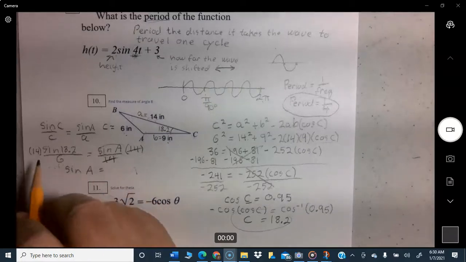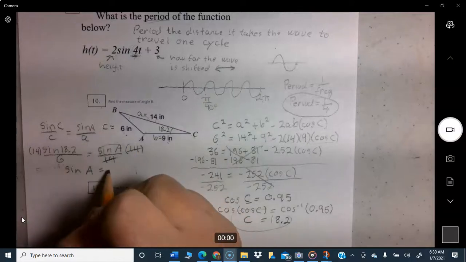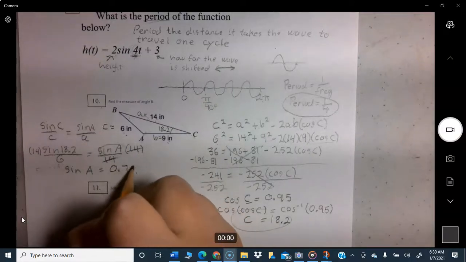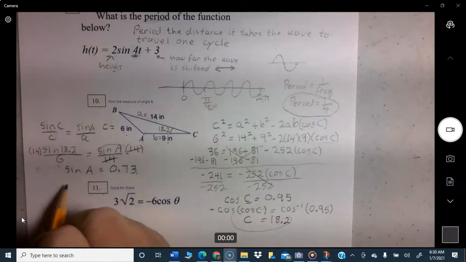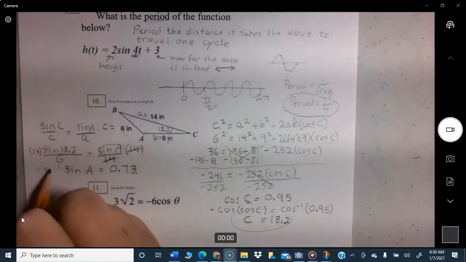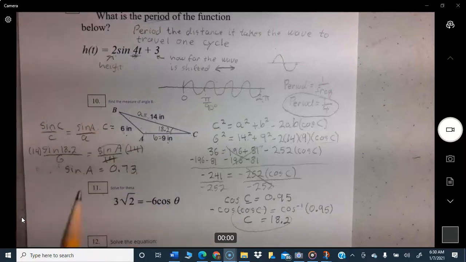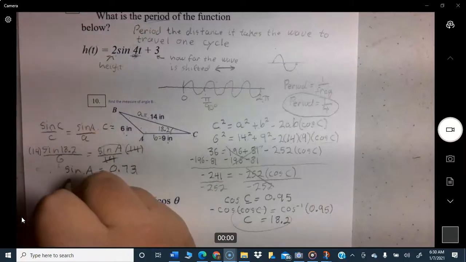And then I'm going to just multiply sine of 18.2 times 14 divided by 6, and that equals 0.73. Okay, so now I'm going to take the inverse sine of this, rewrite it down here, running a little tight on space, so I'll give you more space for this problem on the test.